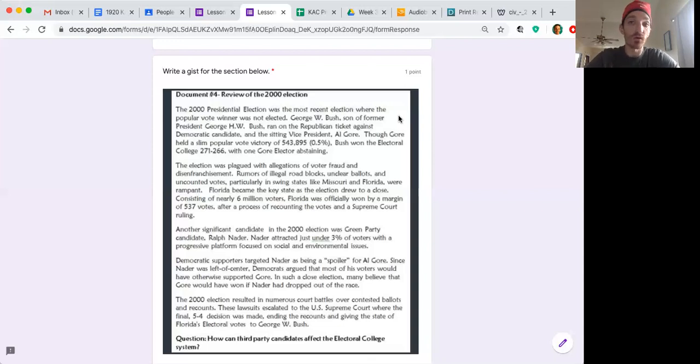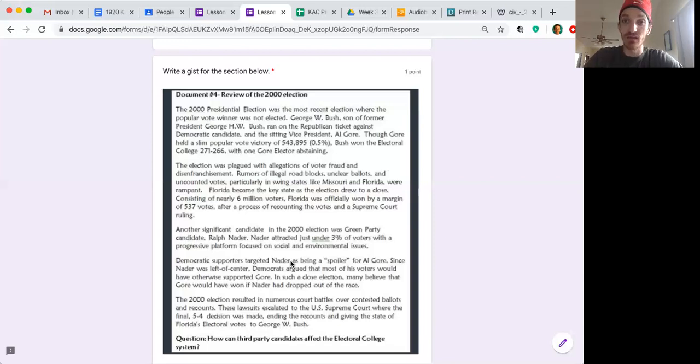So even though 3 million more people, right, 65 million people to about 62 million people, voted for Hillary Clinton and wanted Hillary Clinton to win, Donald Trump still became president because of the Electoral College. And just like they spoke about Al Gore and Ralph Nader, a similar situation happened in 2016.